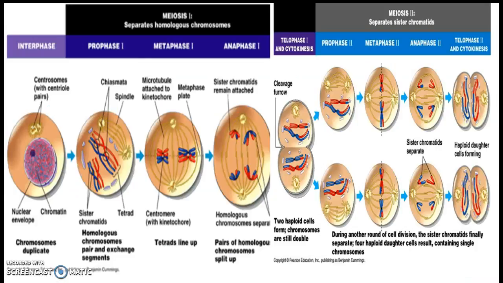Here again are the phases of meiosis, as we talked about everything about meiosis. Here's the picture of everything we talked about so far. For each step, I talked about it and then put in the picture of that step.